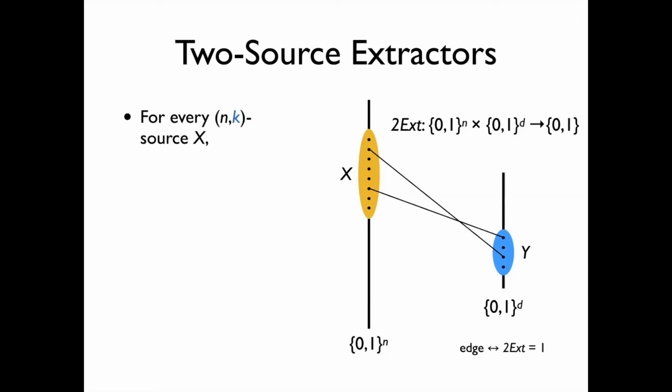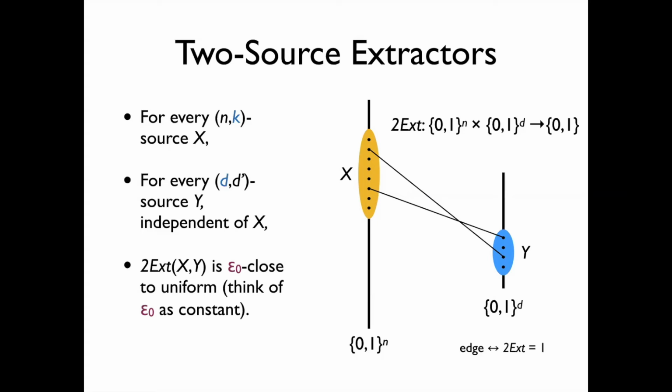So a two-source extractor is a function satisfying the following. For every (n,k) source X, for every (d,d') source Y independent of X, 2Ext(X,Y) is epsilon 0 close to uniform. And again, think of epsilon 0 as a constant or anything non-trivial.